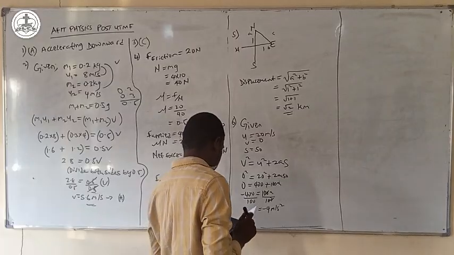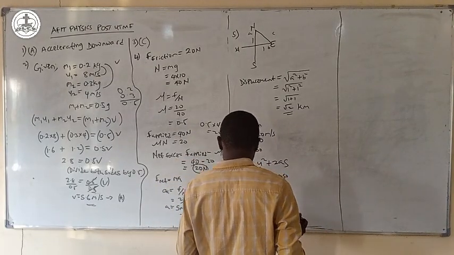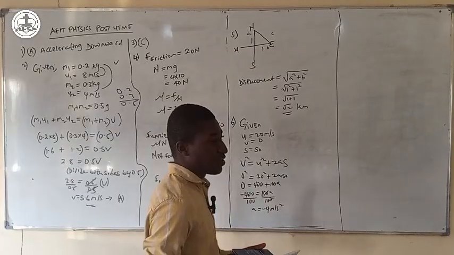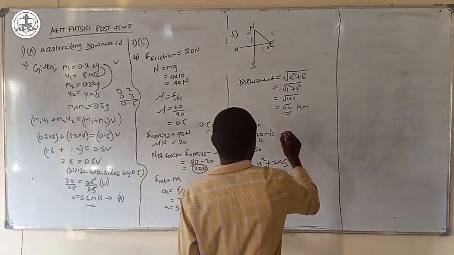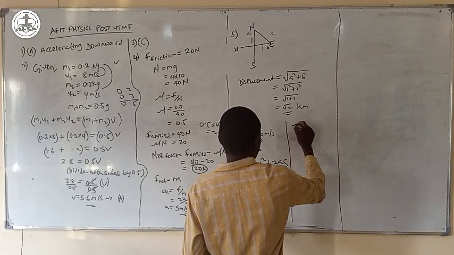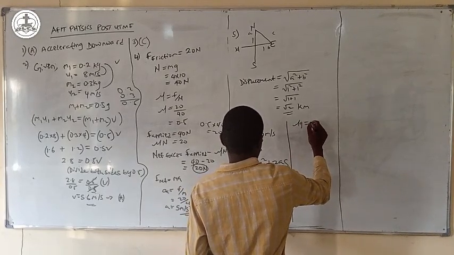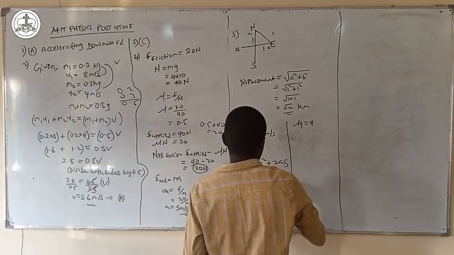So to find the dynamic resisting coefficient, it is going to be mu G. So mu G is equal to 4.